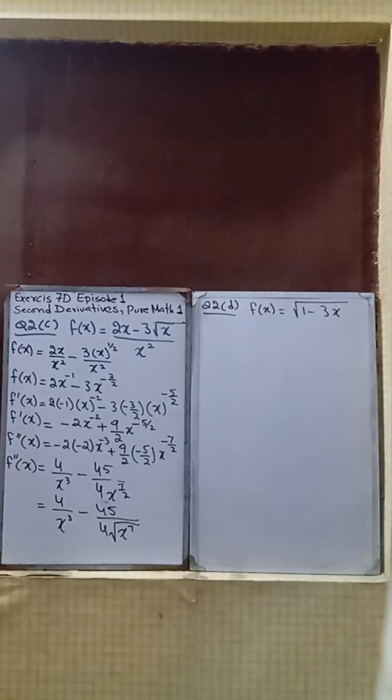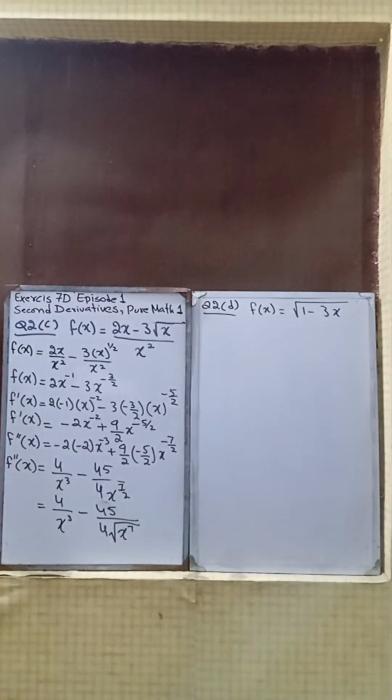That is the radical sign 1 minus 3x. This is question number 2 and its D part. The f of x is equals to the square root of 1 minus 3x. So we want to find the second derivative of this function.